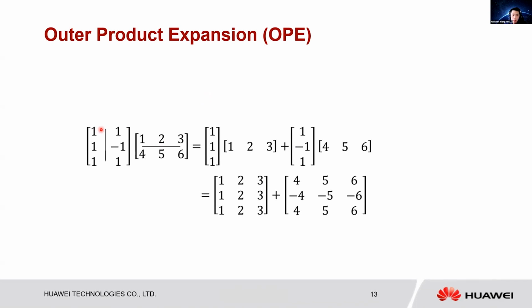The first source matrix, A, so to speak, is blocked into columns, and the second source matrix is blocked into rows. So effectively, the first source matrix only has one row, with each entry in that row being a column. Similarly, the second source matrix only has one column, but with each entry of that column being a row.